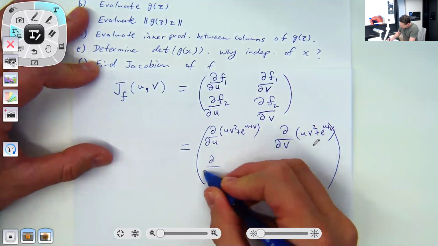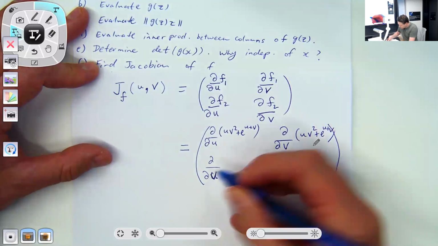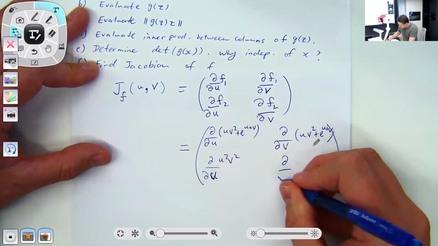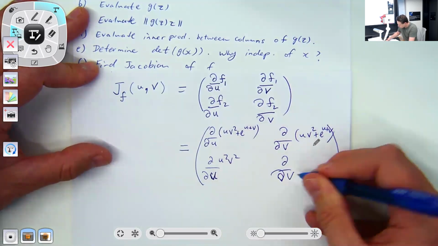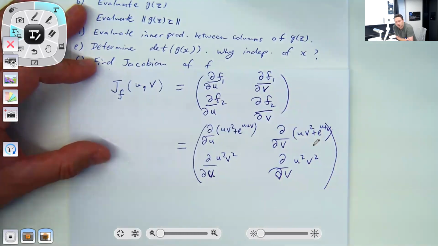And now I put in F2, which is u squared v squared. And now I calculate this Jacobian.